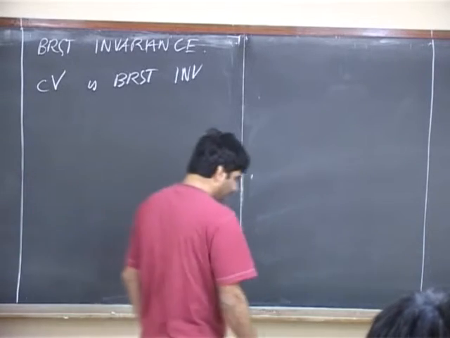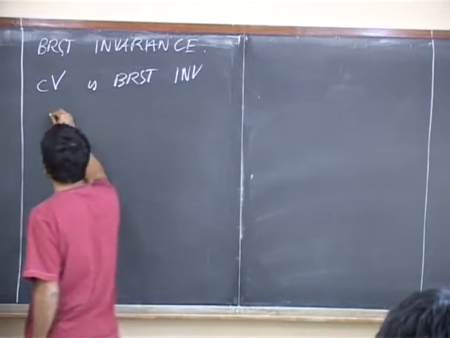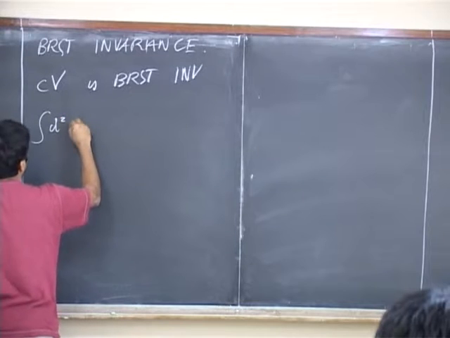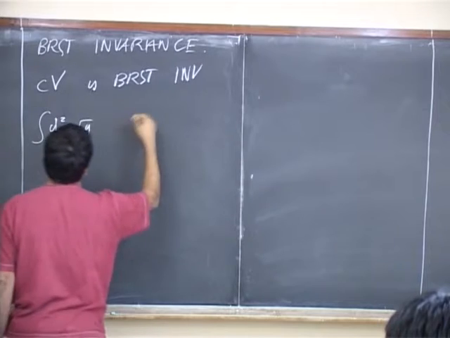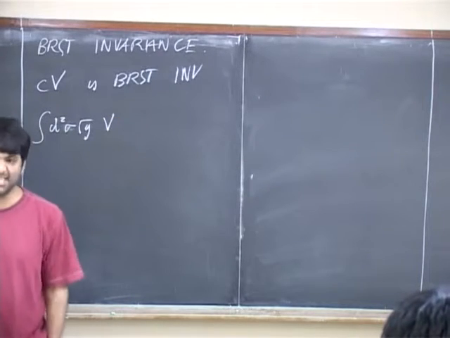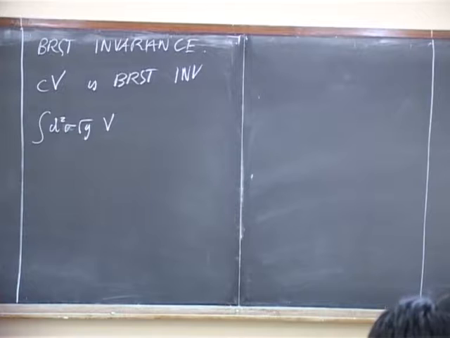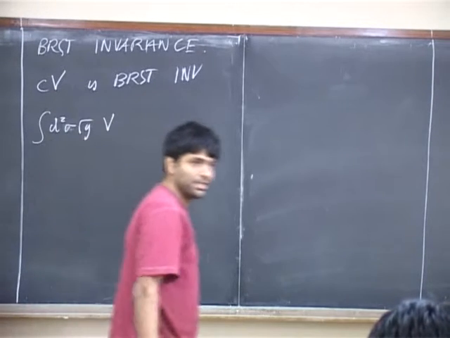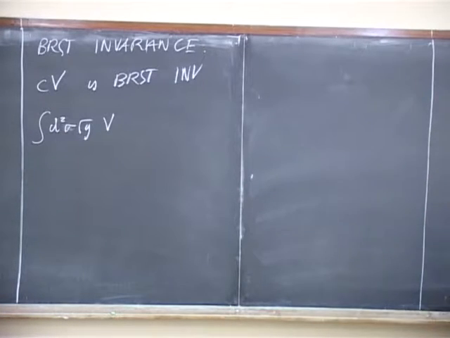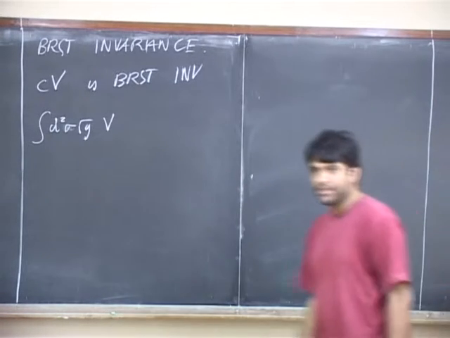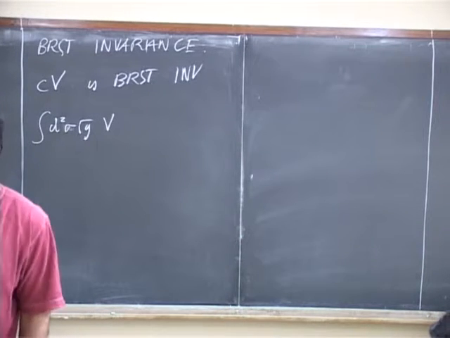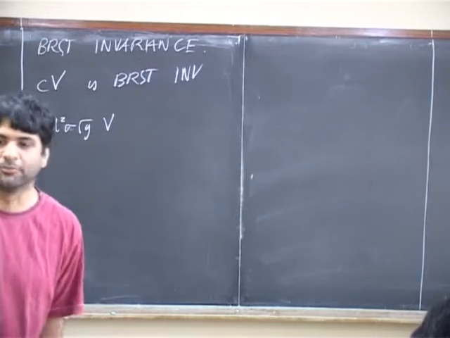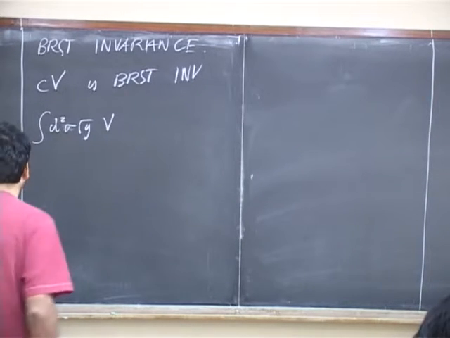However, our insertions also included things like d^2σ √g times V, without a factor of C. Now V by itself is not BRST invariant. All we know about it is that it's a (1,1) vertex operator. So the question we're going to ask is what we can say about the BRST transformation properties of this object. There's one more object we have to worry about, but we'll cover that.